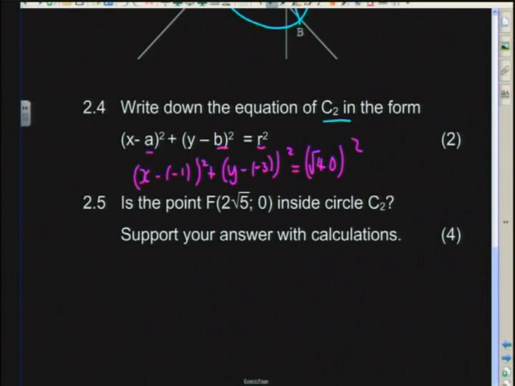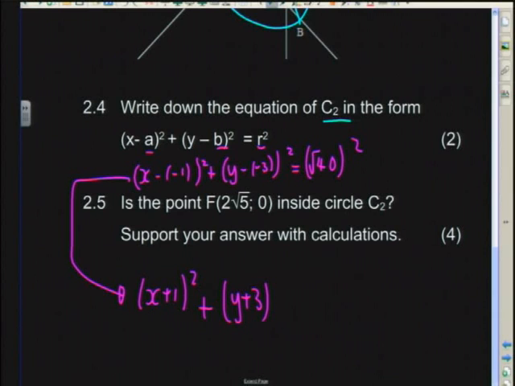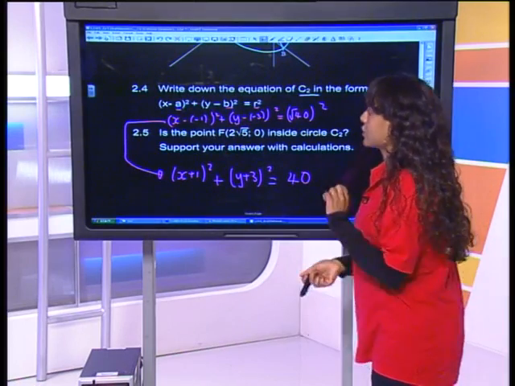Okay, and we simplify that, so we'll get (x + 1) squared plus (y + 3) squared is equal to root 40 squared, which will just give me 40. So that one is a nice, quick, easy 2 marks. We simply put in the center M, put in the radius, and good to go.